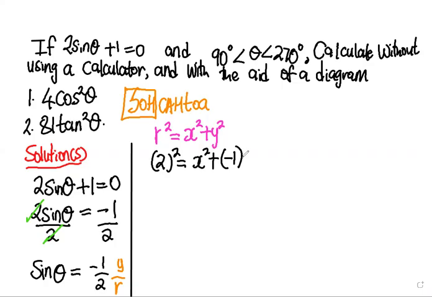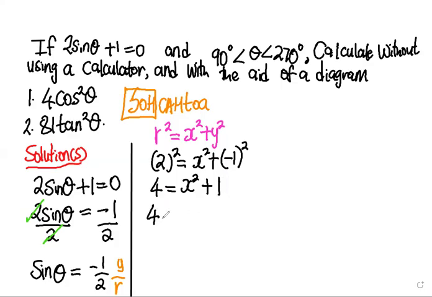You say minus 1 squared. And then if it's negative, you must make sure that you put it inside the bracket so that it doesn't affect you. And then 2 squared will give us 4, equals x squared, and then plus negative 1 all squared, which gives you 1.